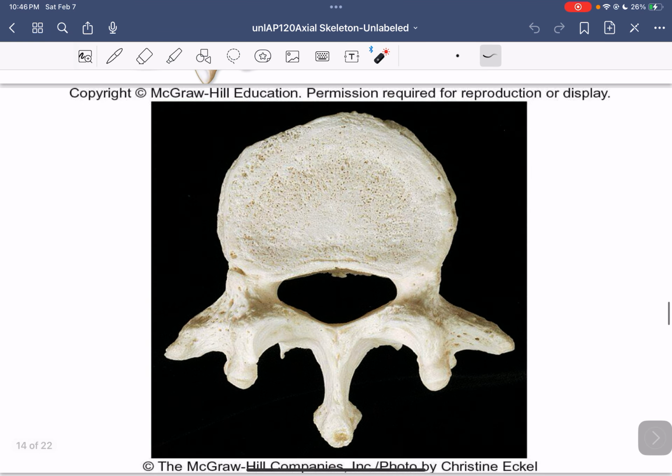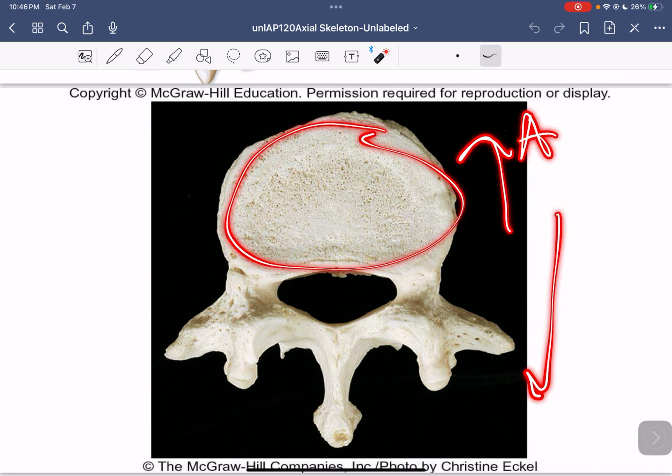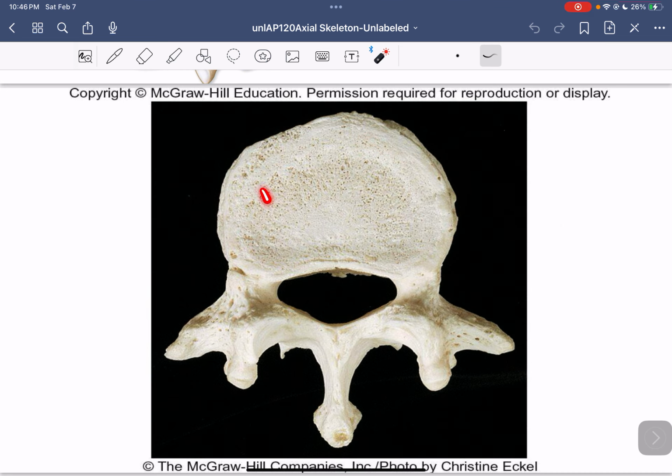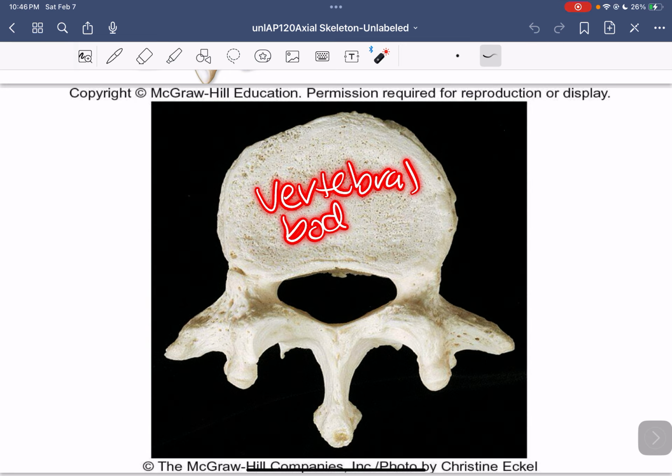Okay, so let's take a look at this vertebra. So here we can see there are a couple of structures that you're going to want to know. First of all is orienting. So this large structure is always towards the anterior side. Down here is always posterior. And this is our vertebral body.